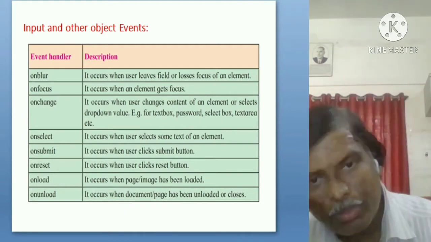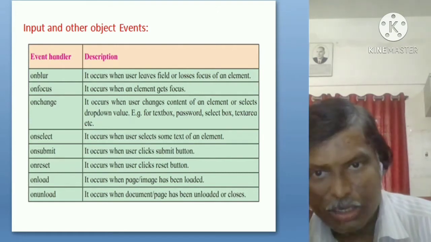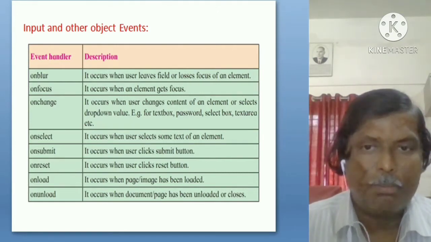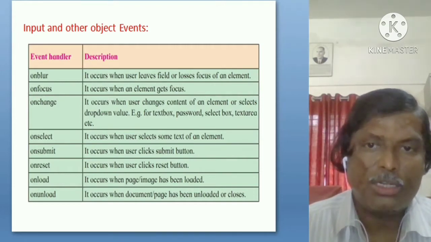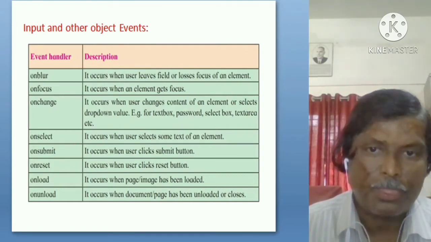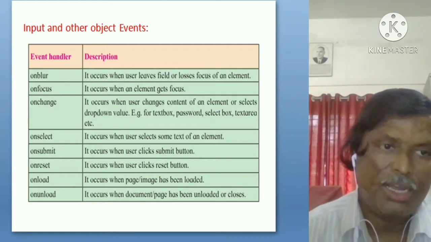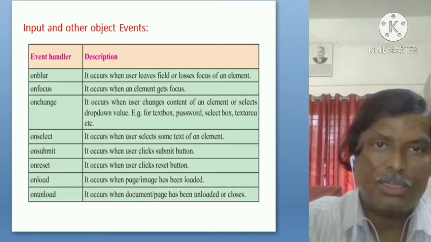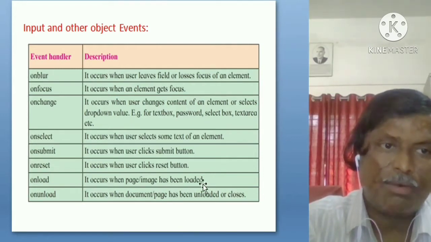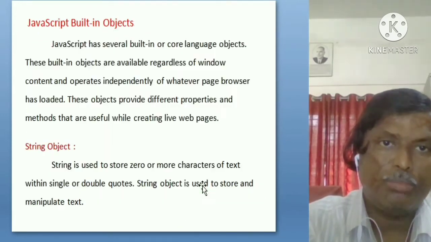Remember again, onUnload occurs when a document or page has been unloaded or closed. It means that when the user clicks the close button, the page gets closed, that is called the onUnload event handler. Okay. Then see the next one, JavaScript built-in object.